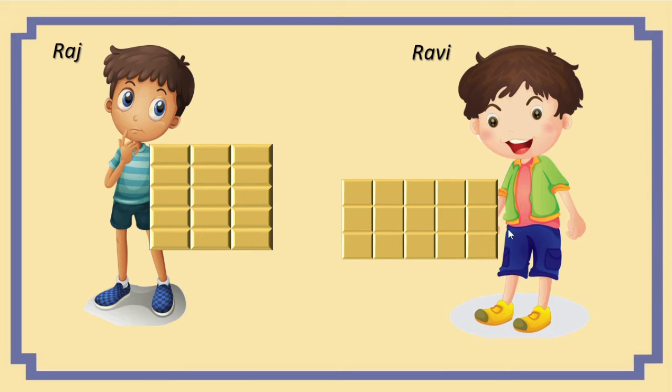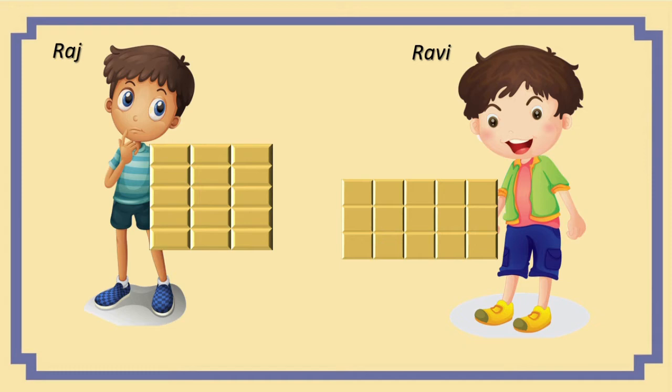See the length. Yes, dear children, they are arguing that both of them have the bigger one compared to the other. Yes, let us help them and let us solve the quarrel between them.